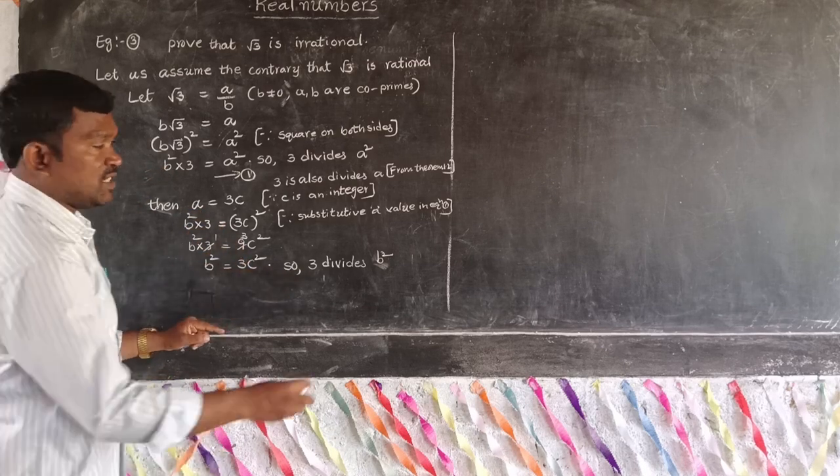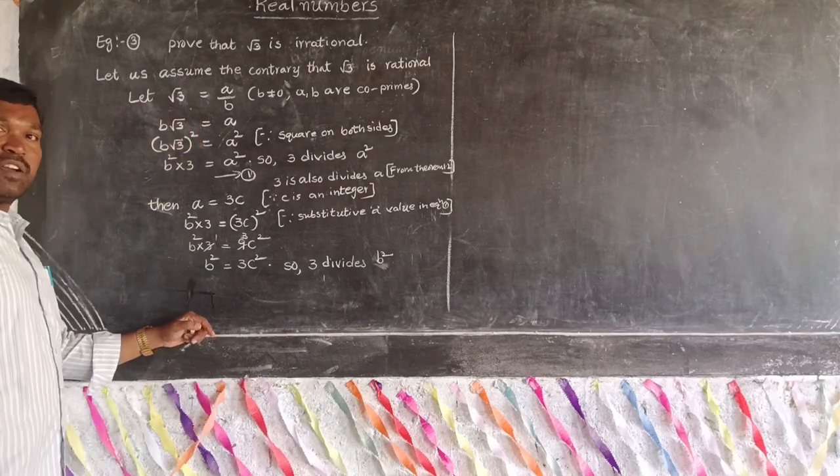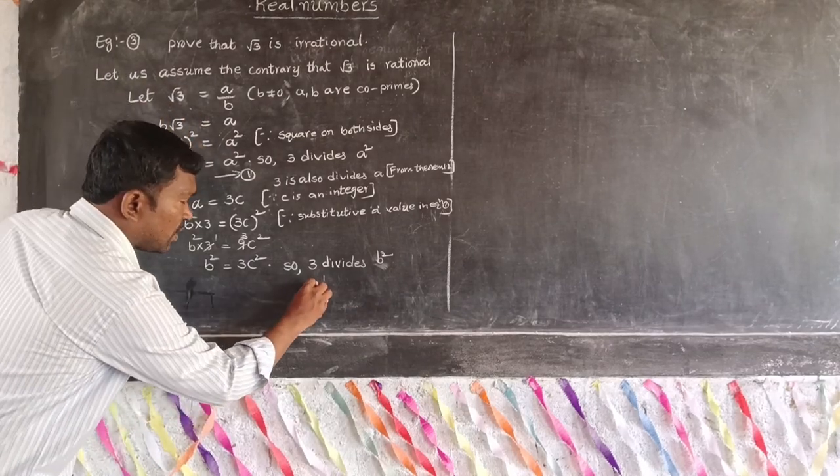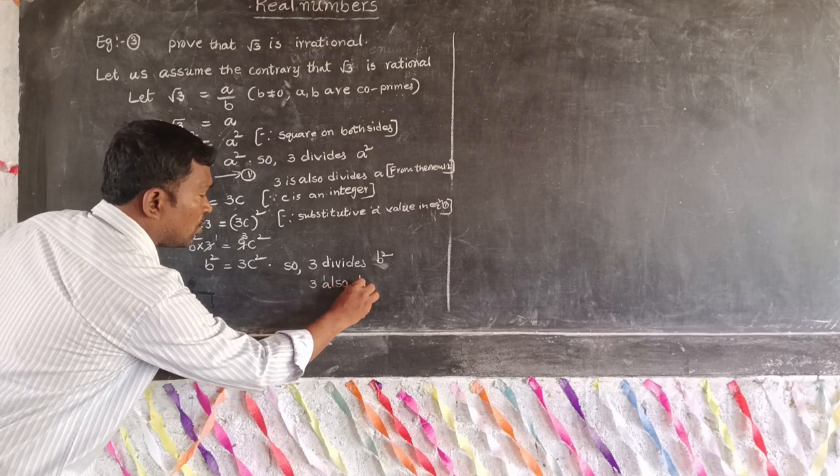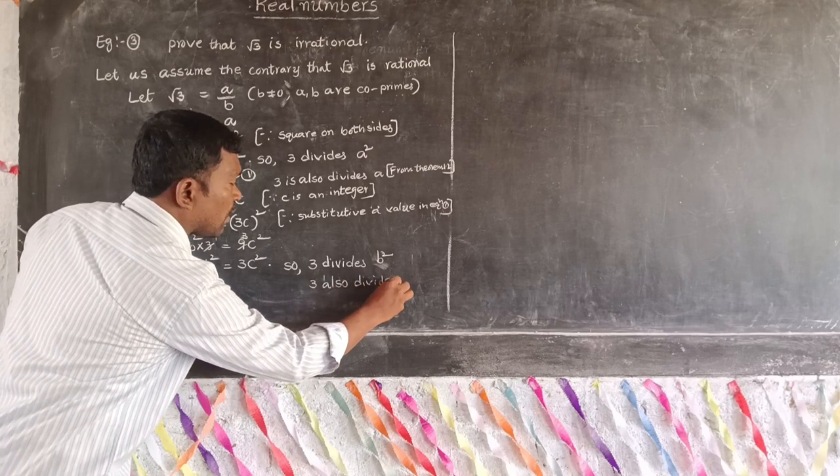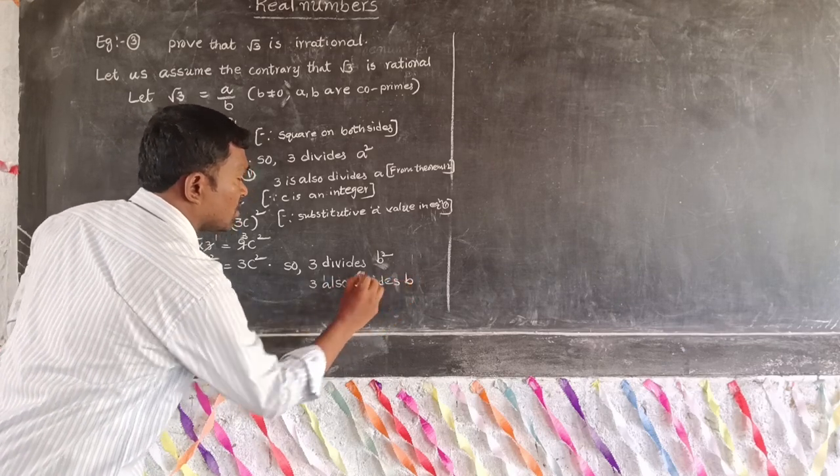So 3 divides b squared, and 3 also divides b.